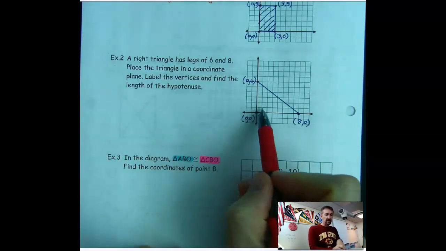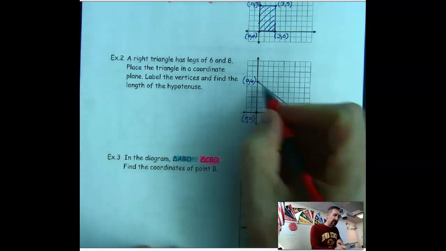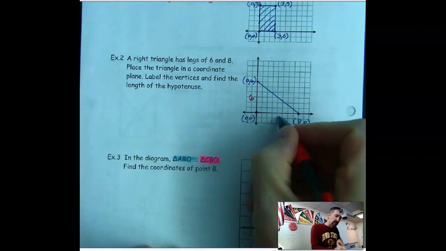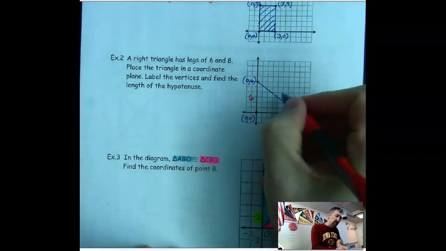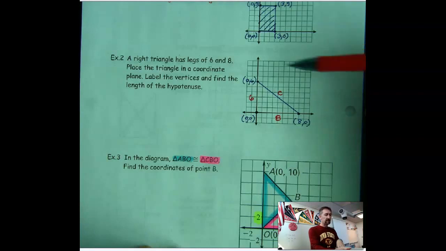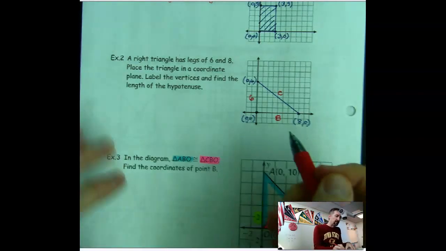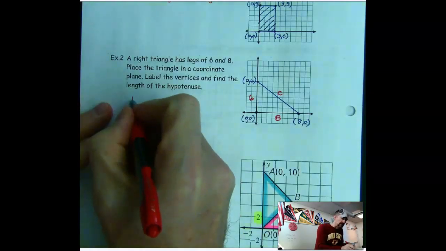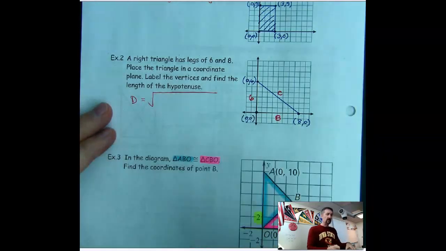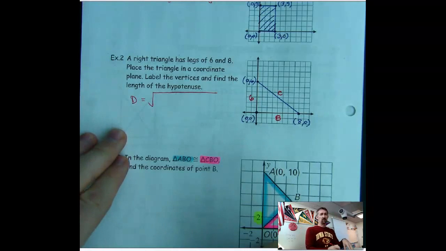So this is a right triangle, and to find that, we know that this is 6, and we know that this is 8. And so hopefully you've seen that before. That's the Pythagorean theorem. a squared plus b squared equals c squared. We also could use the distance formula actually. So let's, since we've done that for sure in our class, let's use the distance formula.